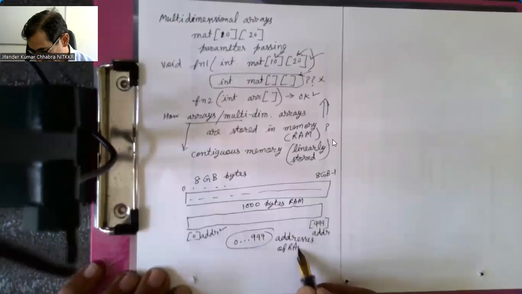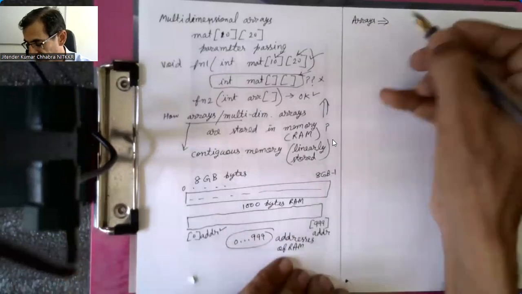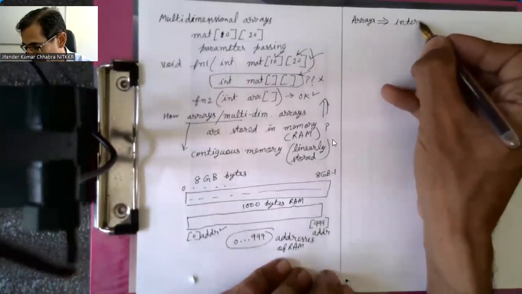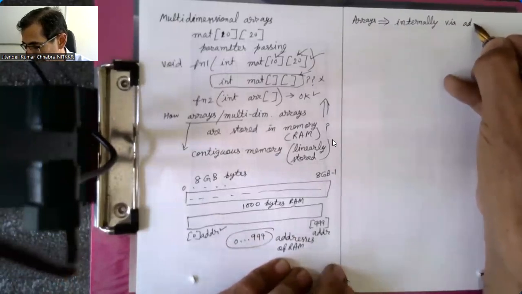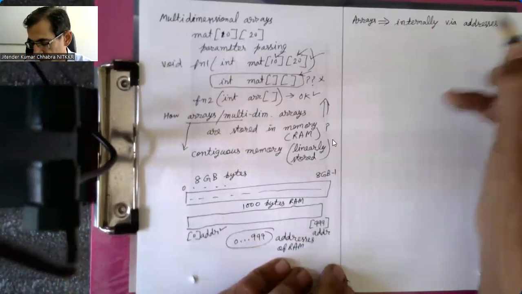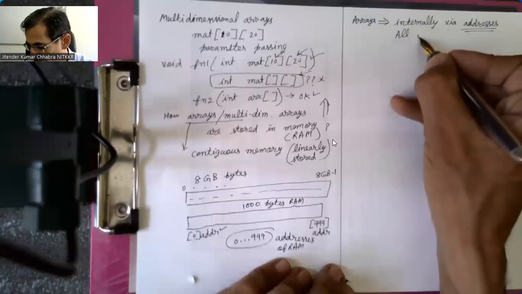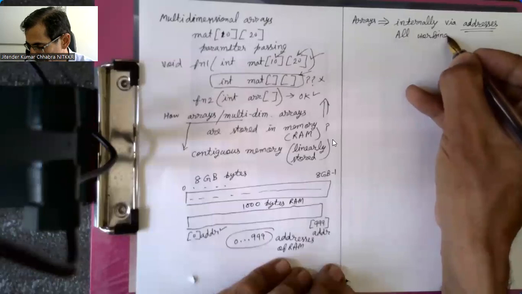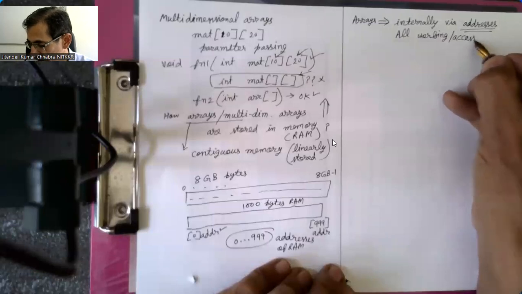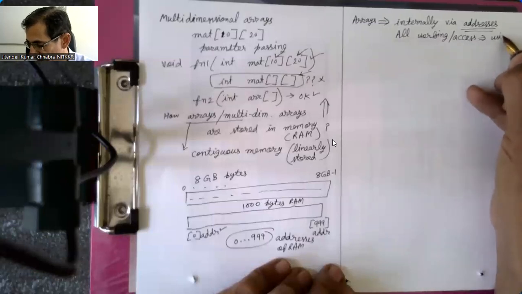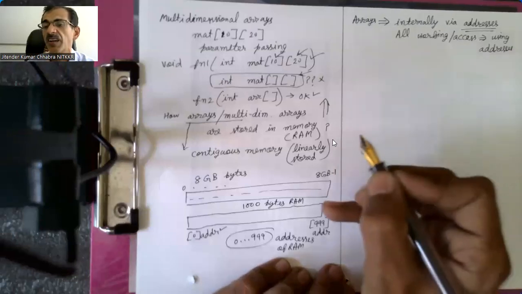And internally, all arrays are accessed via addresses. They are kind of pointers, more or less. Pointer means addresses. So access to all arrays doesn't happen with square brackets, subscripts, etc. It is always using addresses. What does that mean?